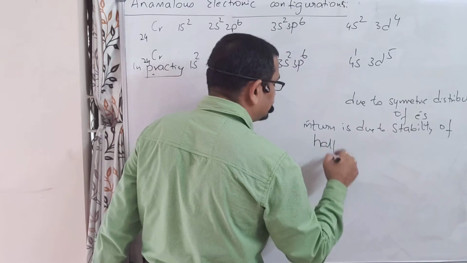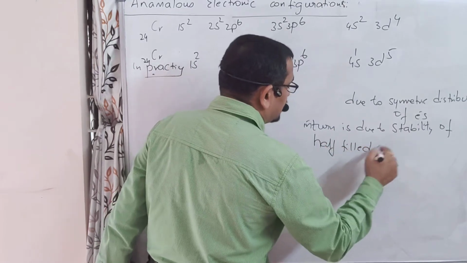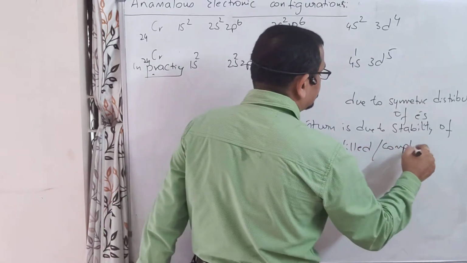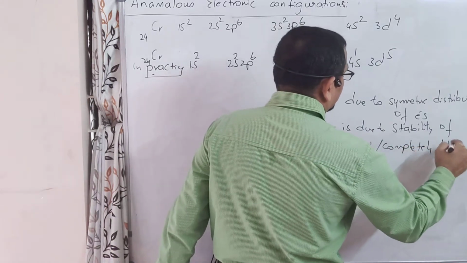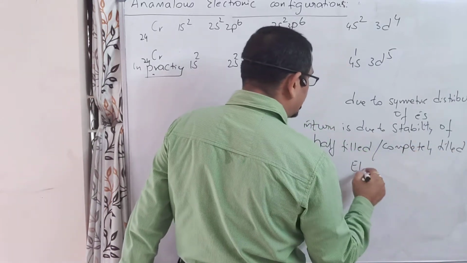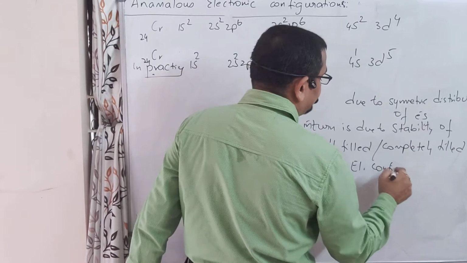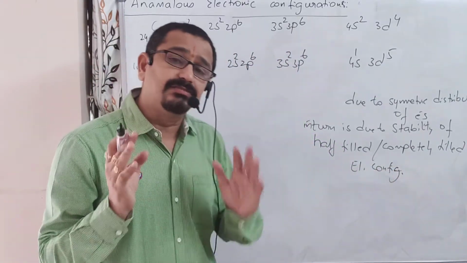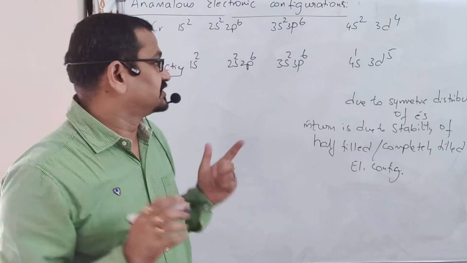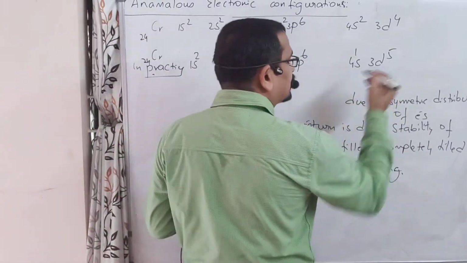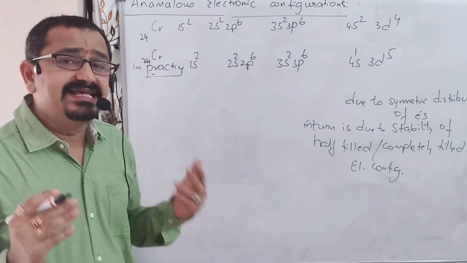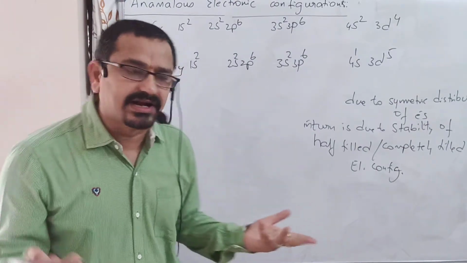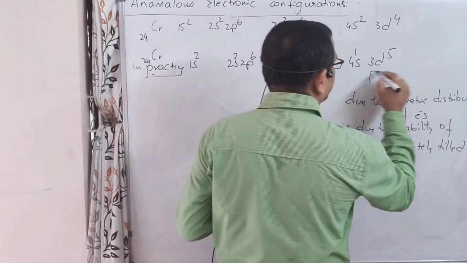half filled or completely filled electronic configuration. This is due to stability of half filled or completely filled electronic configuration. How, sir? How half filled? What is the total capacity of d? D sublevel total capacity is 10 electrons. Half capacity is 5 electrons.